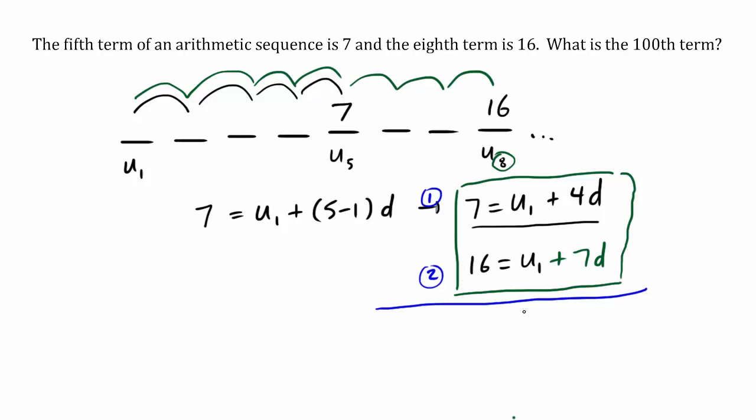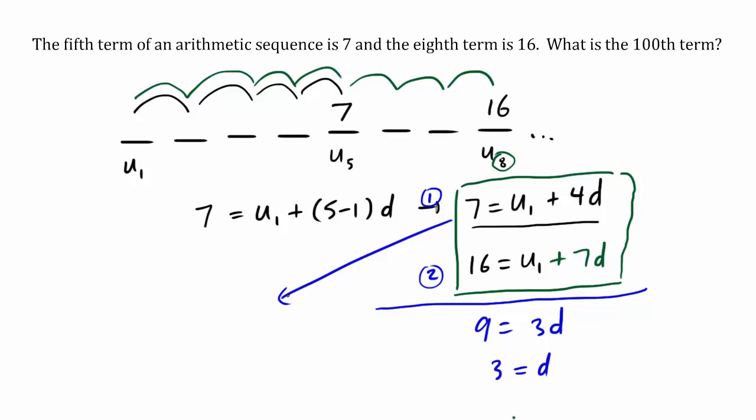So 16 minus 7 is going to be 9. U1 minus U1 disappears. 7D minus 4D is 3D. Divide both sides by 3. We get D equals 3. Once we have D is 3, we can use either equation. I'm just going to use equation number 1 to finish off this question.